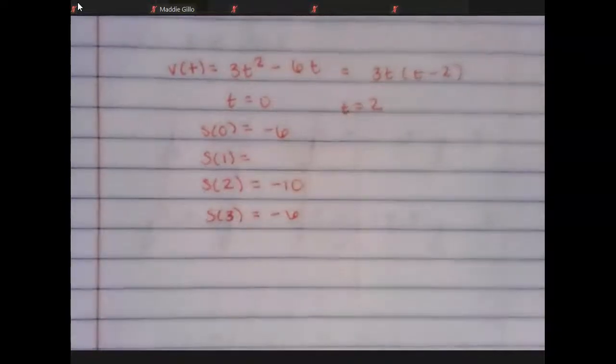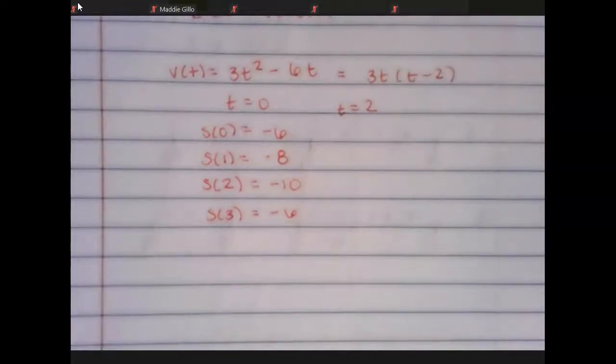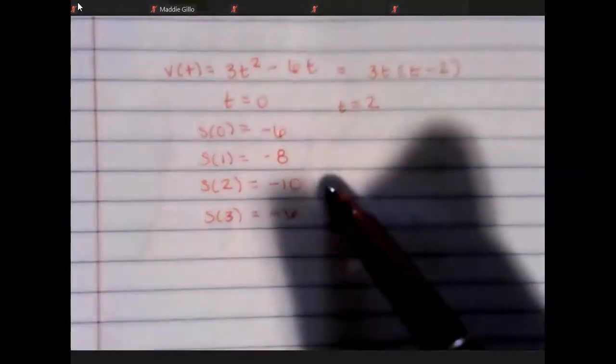And you could look at the position of the function before, so maybe at 1, which is 1 minus 9, or -8. So what we can see is the particle is getting more and more away from the origin, and then it's starting to come back from the origin.